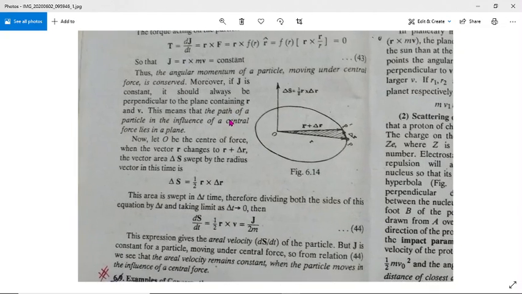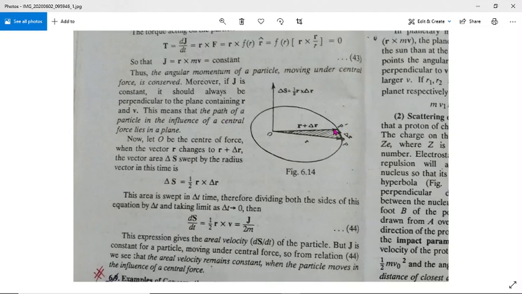Now we assume that the area of this triangle, delta s, is the area swept by the radius vector in this time. And we know that the area of a triangle is half base into height, and using that we can write delta s equal to half r cross delta r.